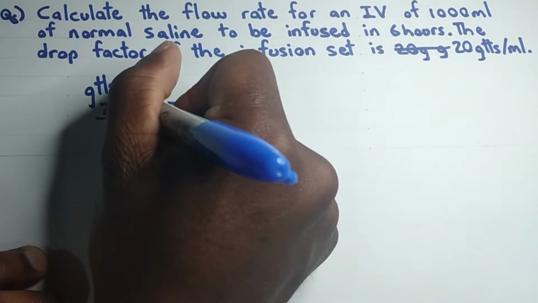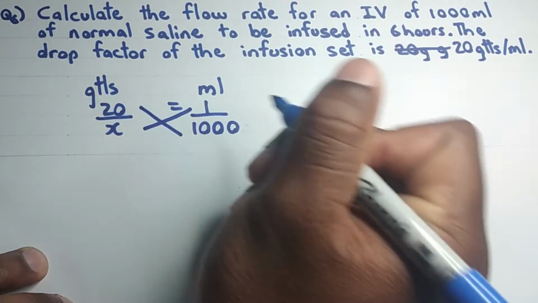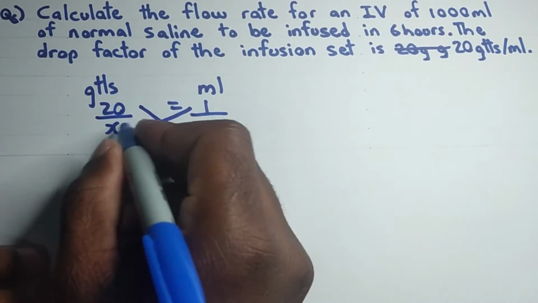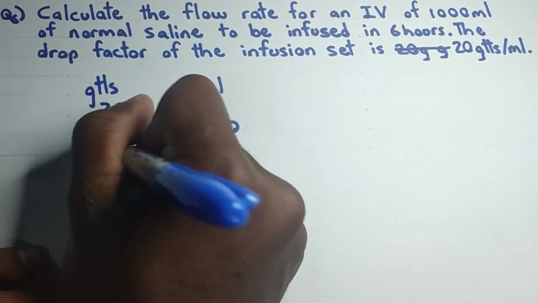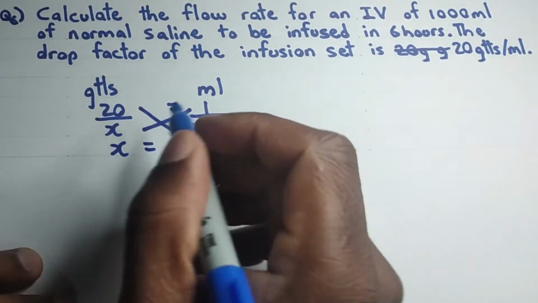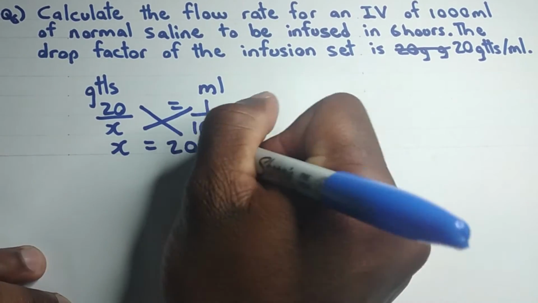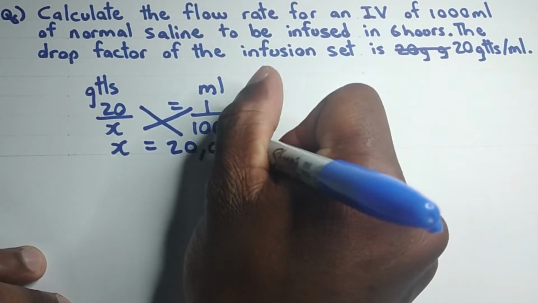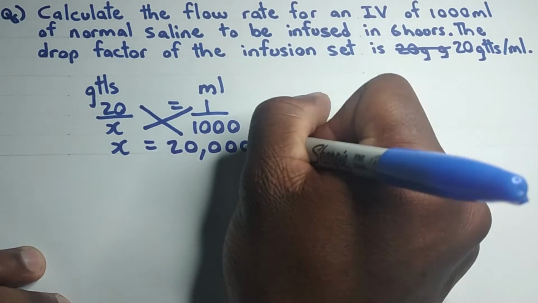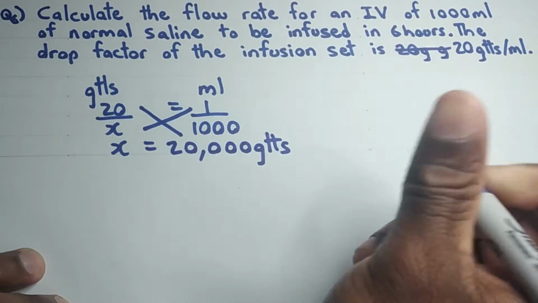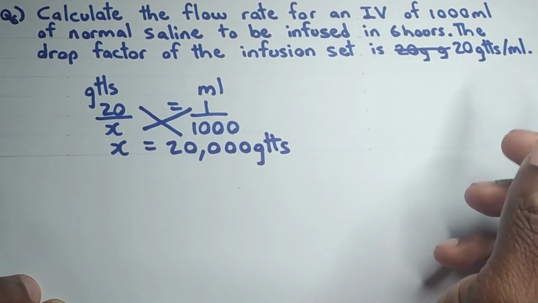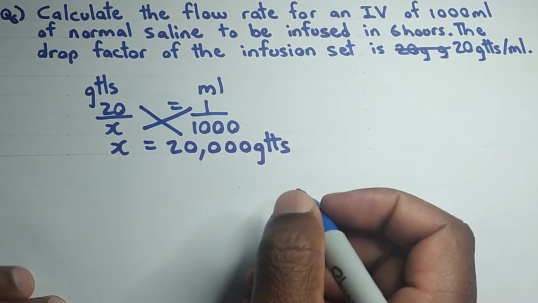And now we can cross multiply. So X times 1, that's X, is equal to 20 times 1000, that's 20,000. So we can get 20,000 drops from this 1000 milliliters of normal saline.